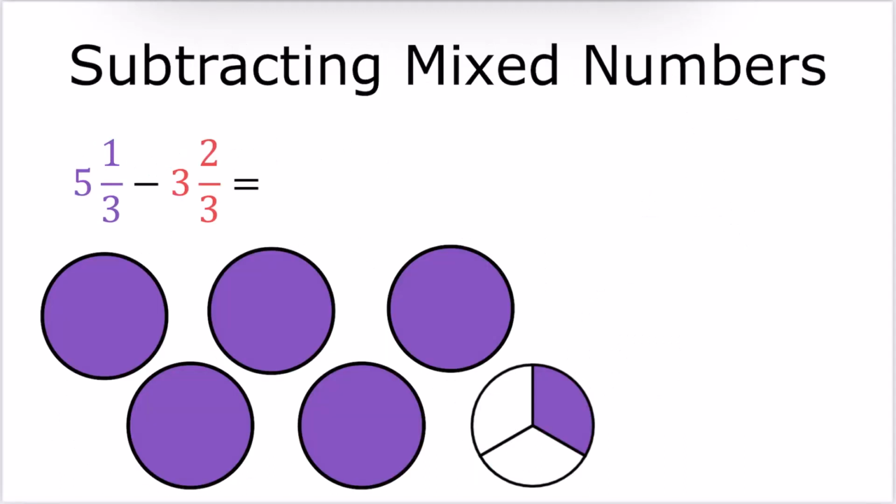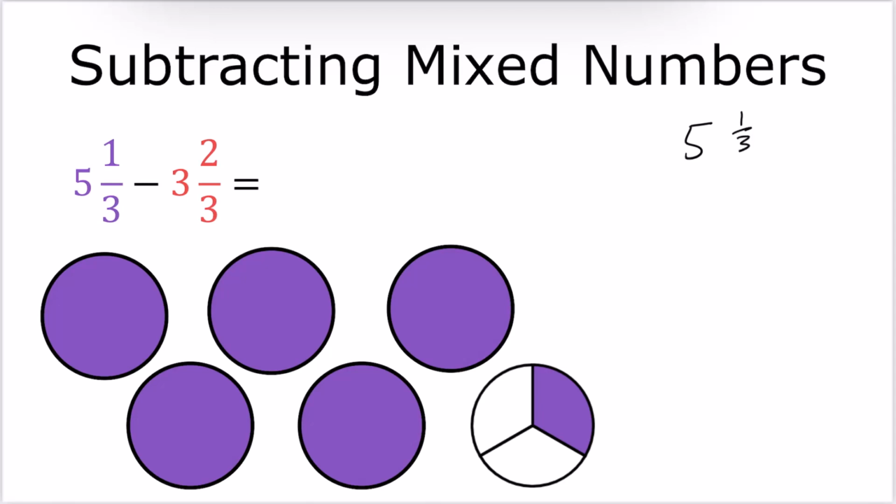And this can be really useful when you're subtracting mixed numbers. So if I had the number 5 1/3 minus 3 2/3, I can do just 5 wholes minus 3 wholes. That equals 2 wholes. However, doing 1/3 minus 2/3 is not possible because 1/3 is smaller than 2/3. So one way that might be helpful to think about this is with the place value model.